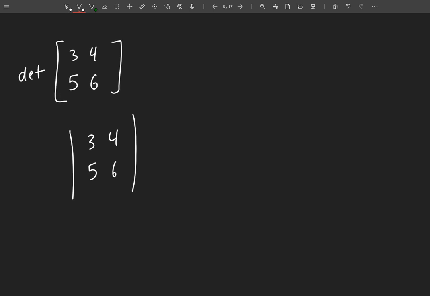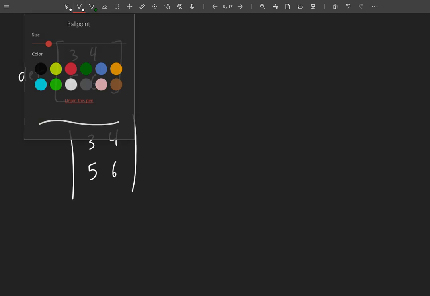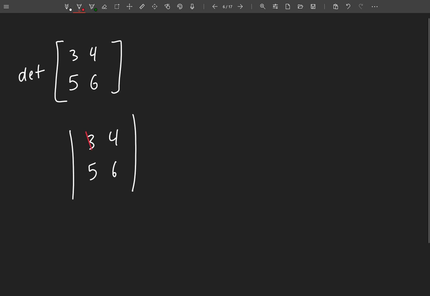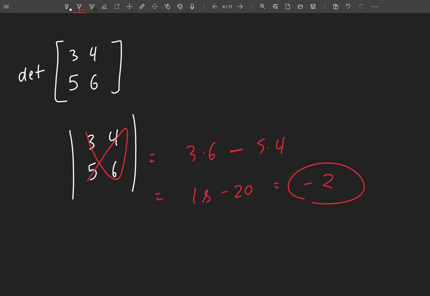They look like absolute value bars, but that just means take the determinant of this matrix. All right. So I'm going to do my little motion here. That means 3 times 6 minus, it's always minus, 5 times 4. That's going to be 18 minus 20, which gives me negative 2. And there's no problem having a negative number as a determinant. Very simple. That's all there is to it.